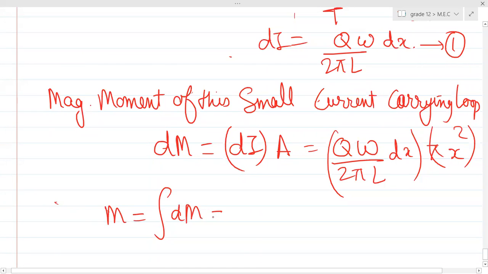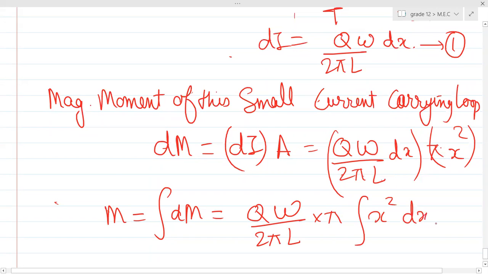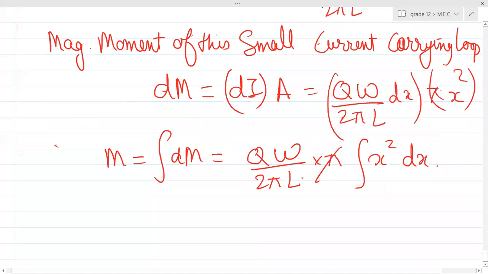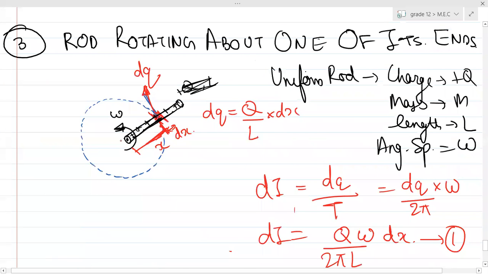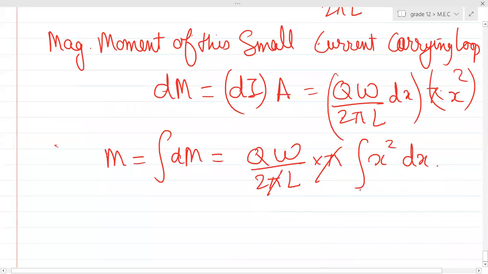Q omega by 2 pi L, this one more pi will come out of the integration, and inside it will be x square dx. This pi and this pi will get cancelled out. And can you tell me what will be the limits? From 0 to L, the length, right? From 0 to L.